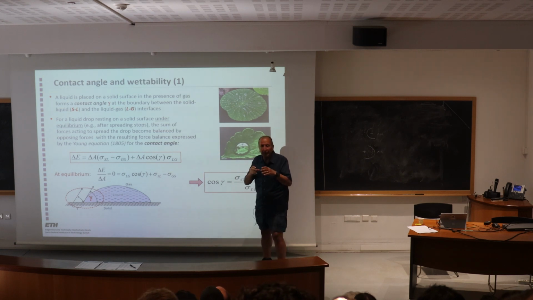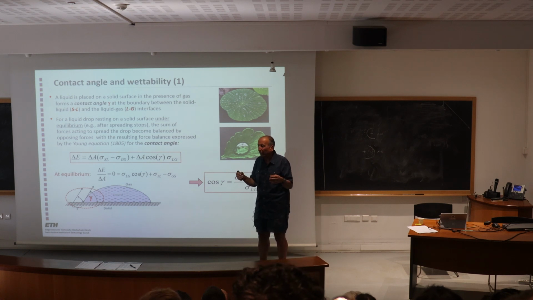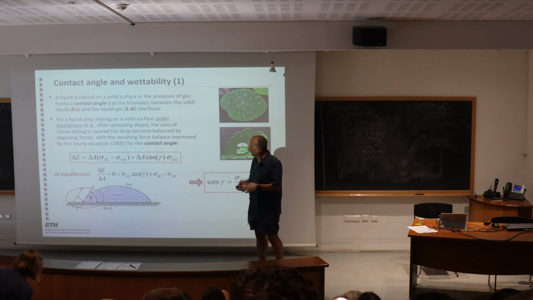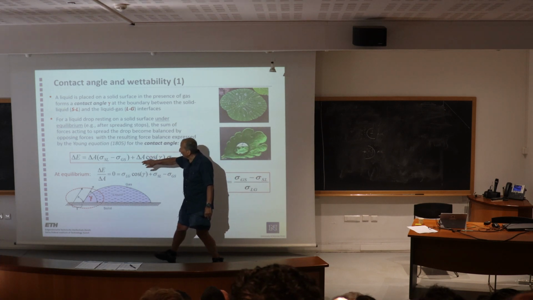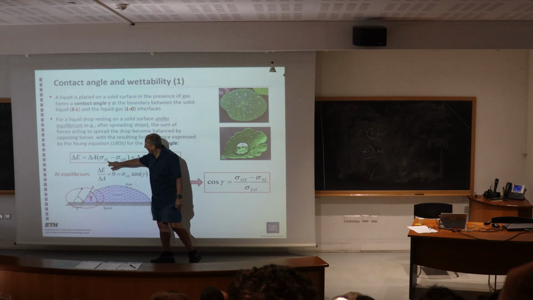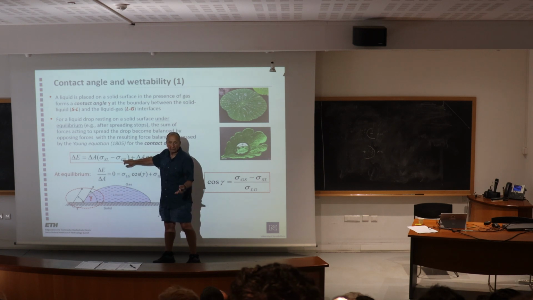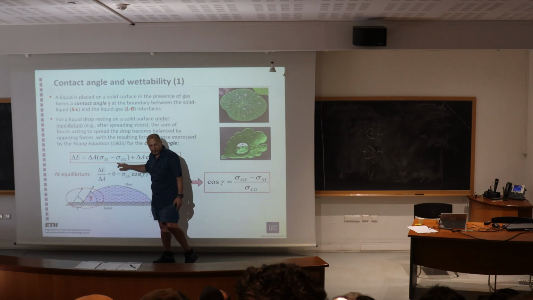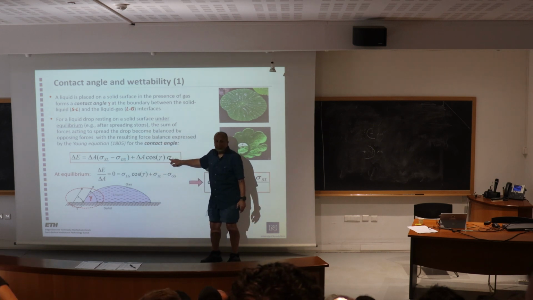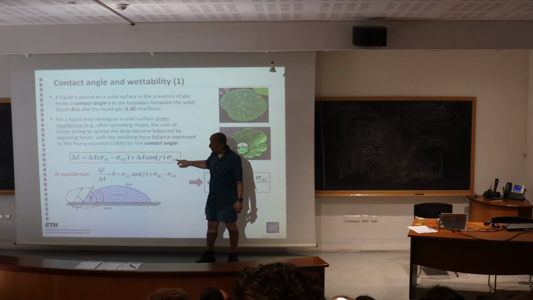The balance between the tendency to spread the liquid droplet over a surface and the resistance of the air-water interface gives rise to a balance of energetics, where we increase the area of the droplet by covering what used to be a gas-solid interface with a solid-liquid interface. They have their own values of energetics of the interface, and at the same time we are adding an area with the surface tension of the liquid-gas interfacial energy.